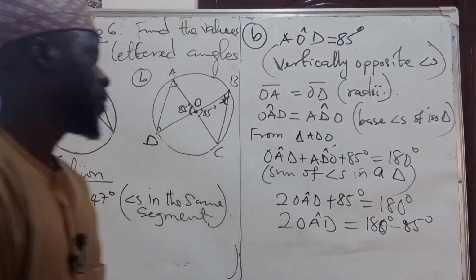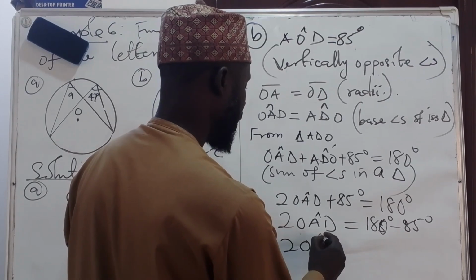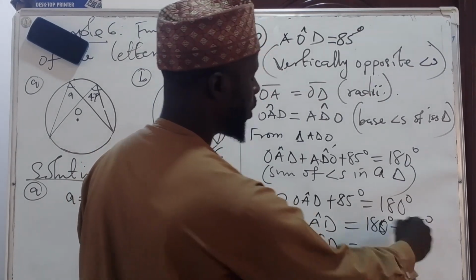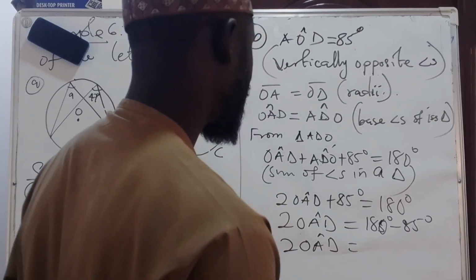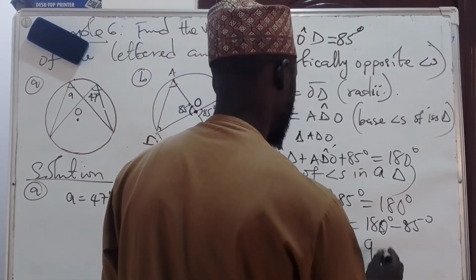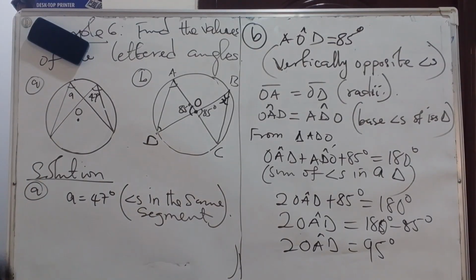So this is 2OAD. If you subtract, you are going to have 95 degrees. Yes, you are going to have 95 degrees.